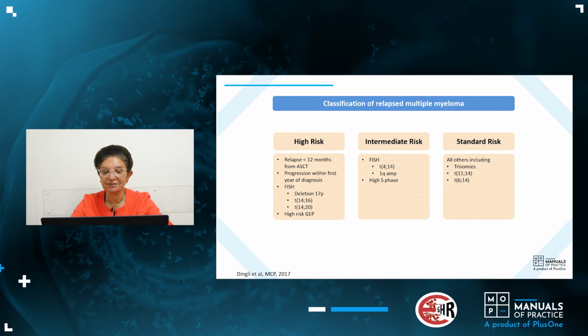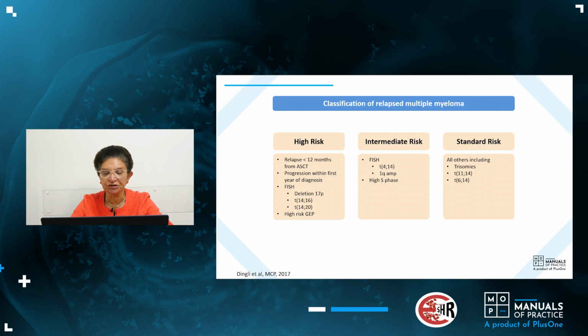These are early relapsed myeloma patients with less than 12 months after stem cell transplant, or with progression within the first year of diagnosis, or with cytogenetic abnormalities including deletion 17p, translocation 14;16, translocation 14;20.